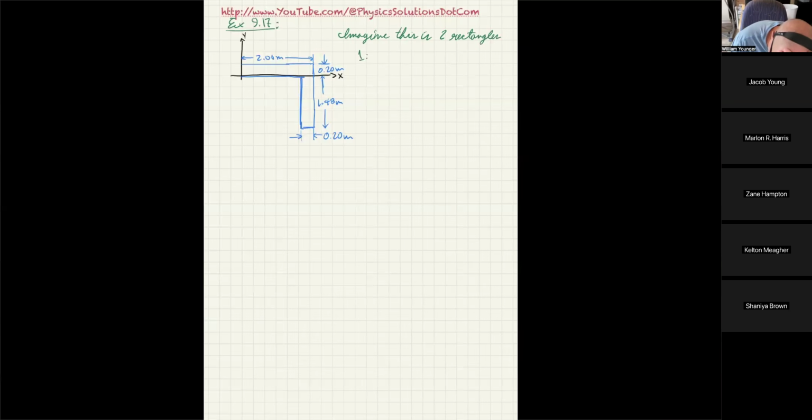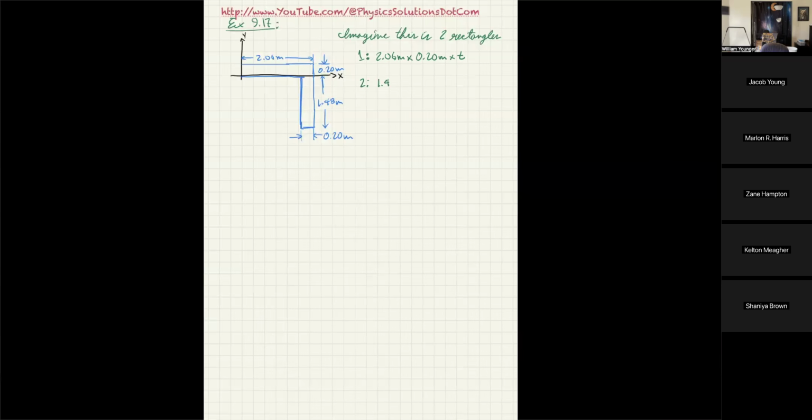One of them is going to be 2.06 meters by 0.20 meters by the thickness, I'll just call T. Okay. Now, I'm going to assume that T is the same thickness for the other part as well. So you will see that the other part, number two, is going to be 1.4.